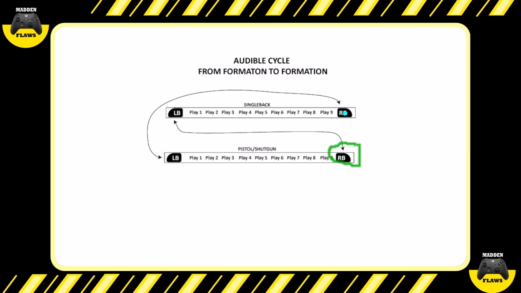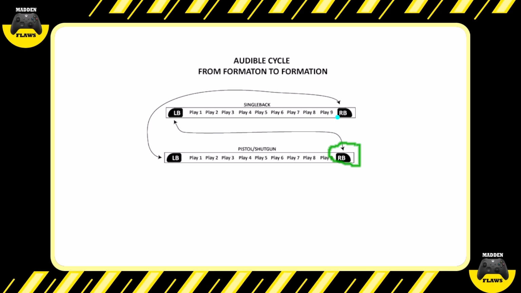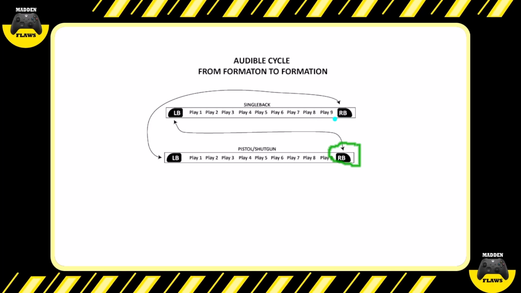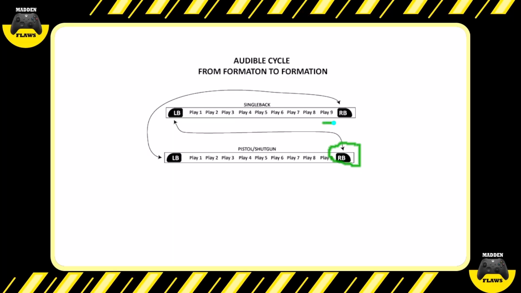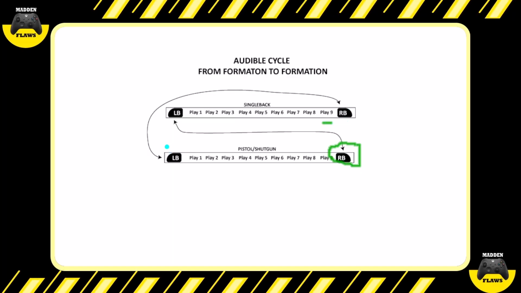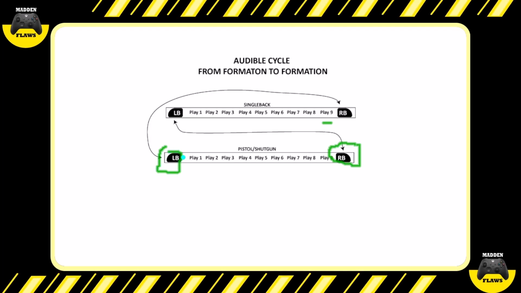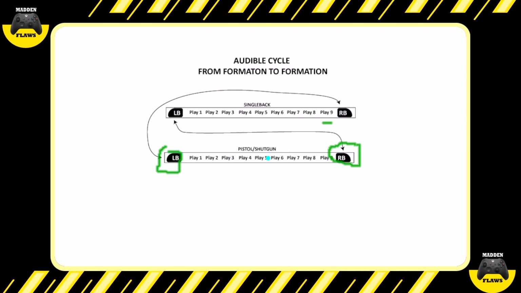The opposite is when you're on the single play list up here at the top, and you press the RB, you end up at the beginning of the shotgun or pistol list.